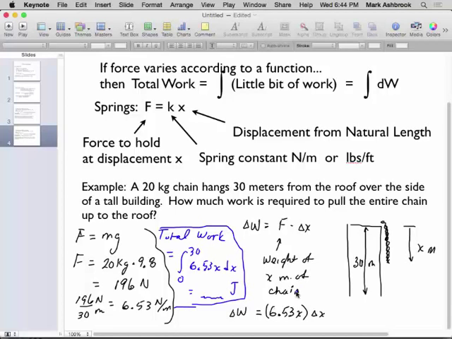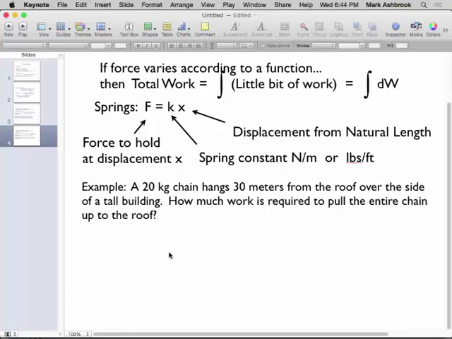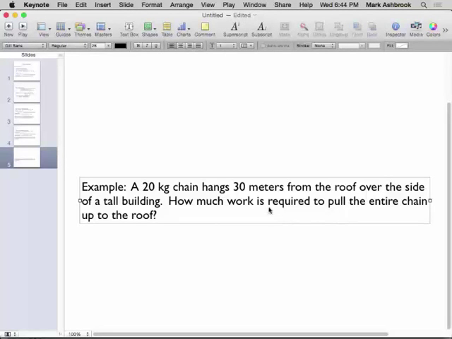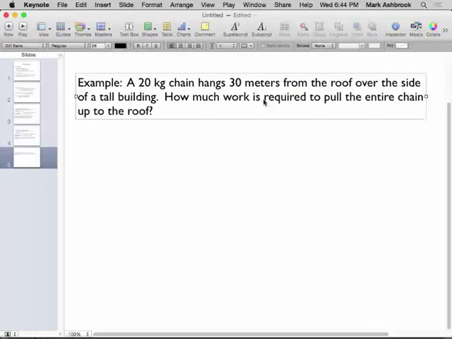Can I erase? Okay. Harder and more to write. Okay, so now at 20. Hangs 30 meters to the roof. Start is the same. The chain has a bucket of sand that's spilling at a constant rate, such that the initial mass of the bucket and the sand is 25 kilograms.